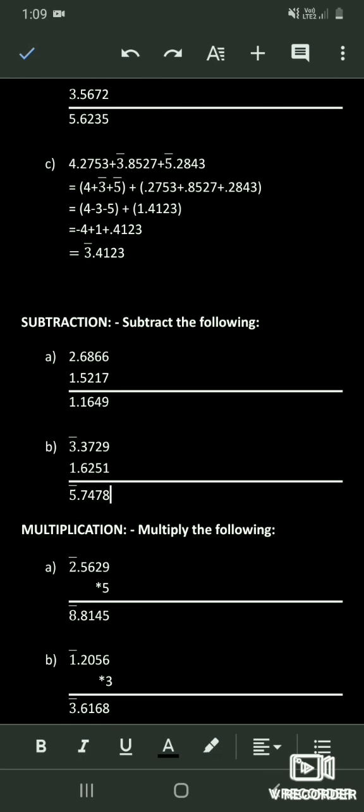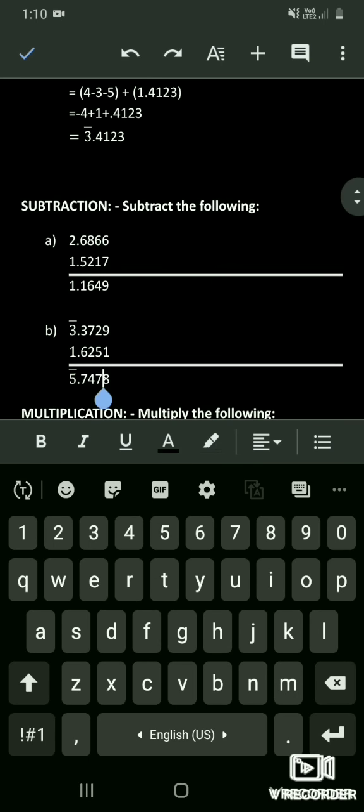So let's see the second problem, that is minus 3.3729 minus 1.6251. So here 9 minus 1 is 8, and then in the second term you have to carry 1. So it will be 12 minus 5 is 7, and 6 minus 2 is 4, and again you have to carry 1.